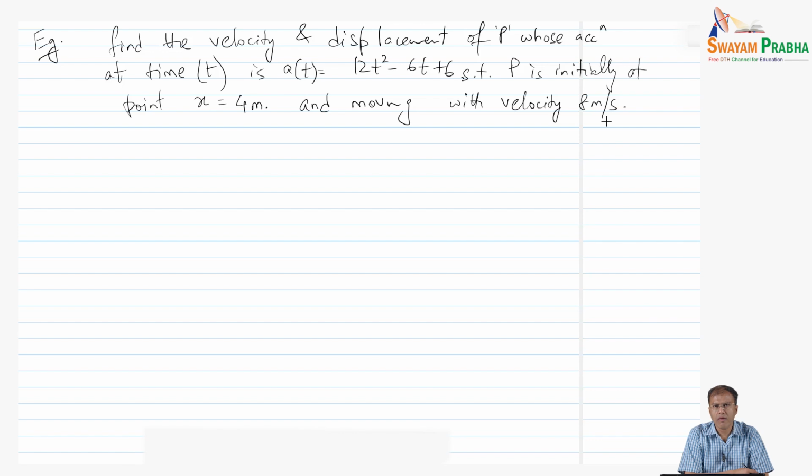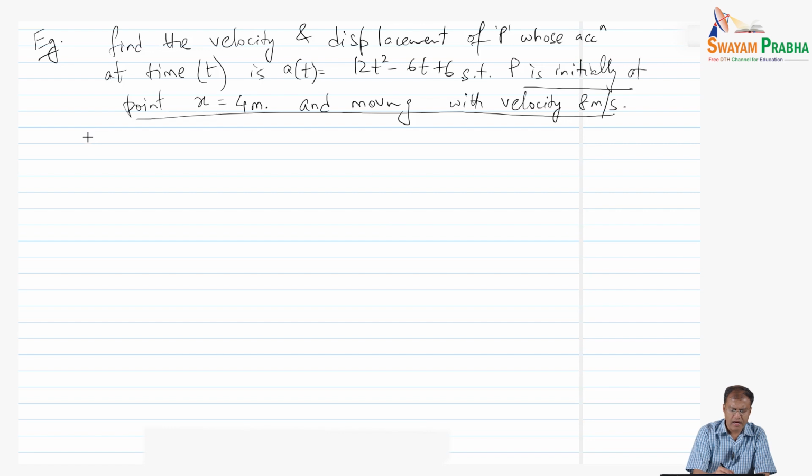So this is a problem which is the reverse of the previous problem, the reverse exercise. Namely that we are given the acceleration and we need to integrate to find the velocity, and again integrate to find the displacement. And at each level of integration, we are going to involve a constant of integration which will be found using the initial conditions that are given in this question.